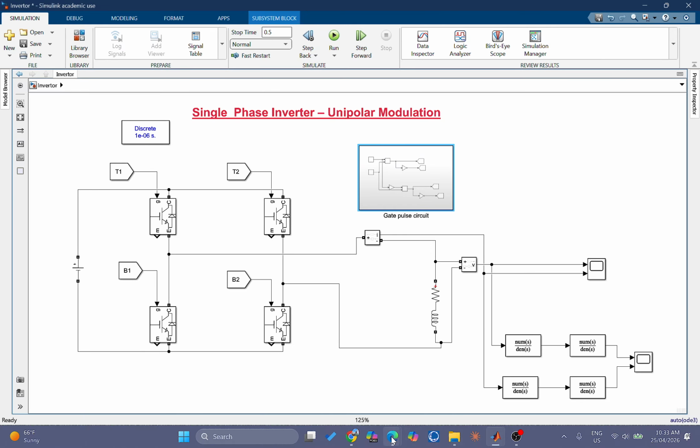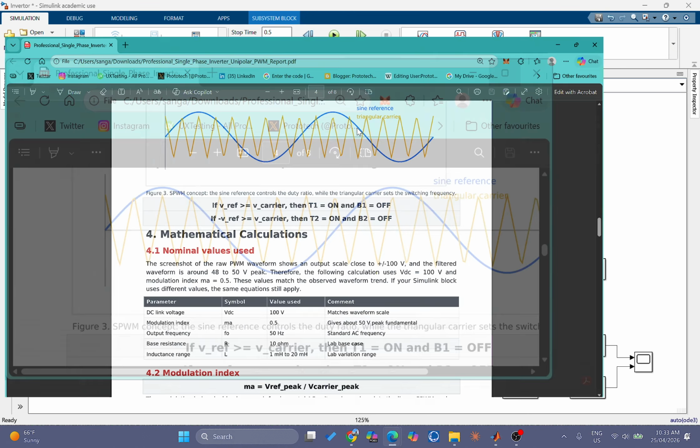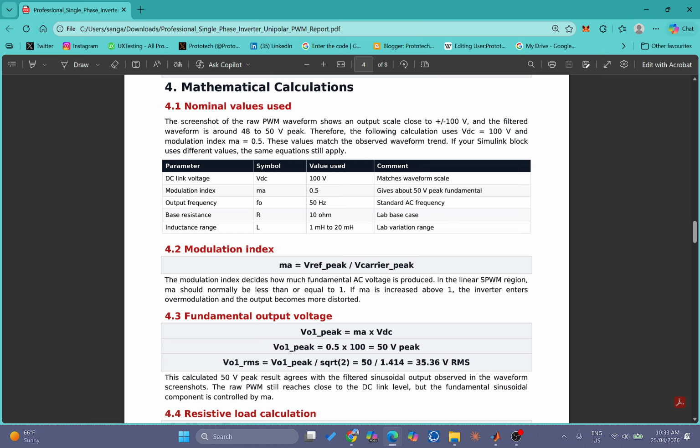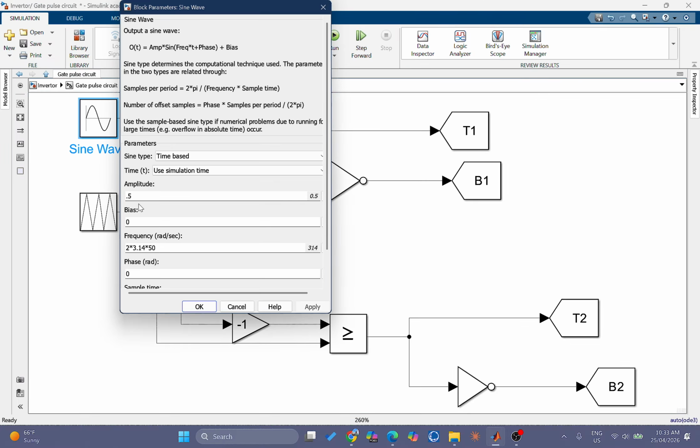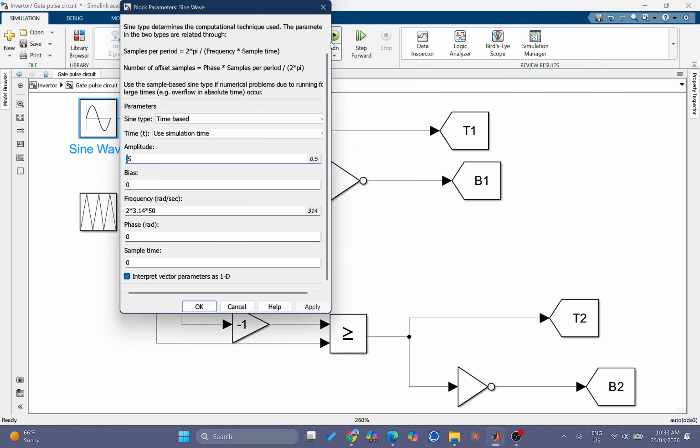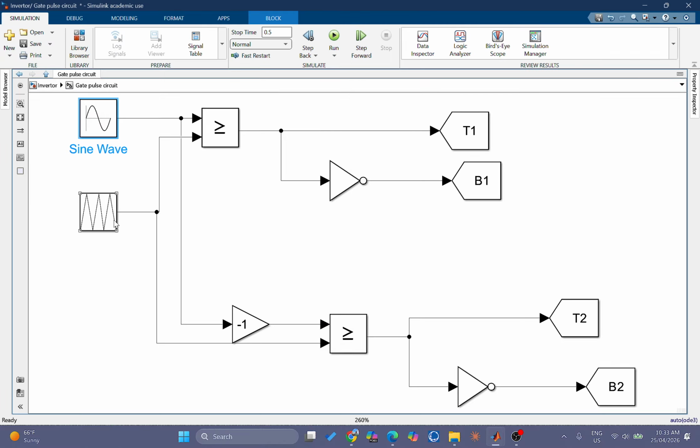Now, one important thing we have to do is set the parameters. Here I'm giving the input of 100 volts VDC, and I have my modulation index MA as 0.5.